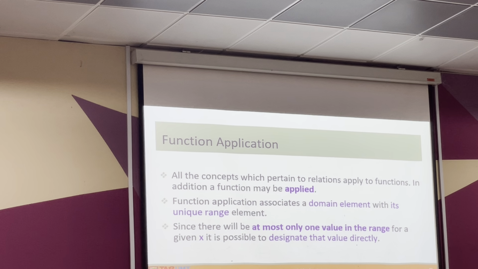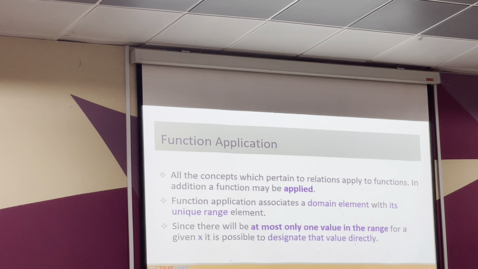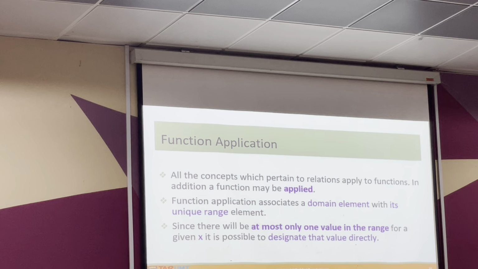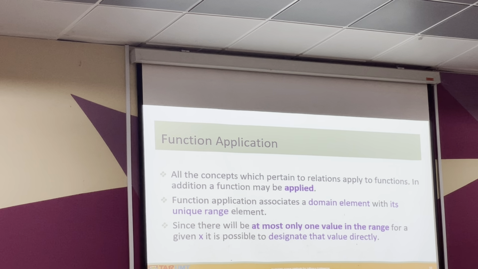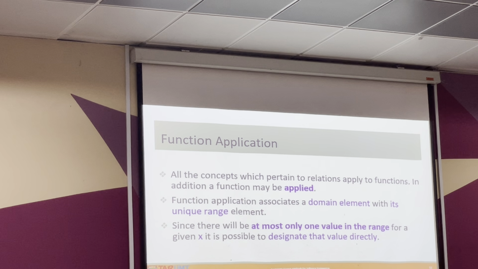But when it comes to a function, let's say you want to search the domain, your result of range will be one record, one data. The result will be one range result. So we call this function application. That is the term that we use.